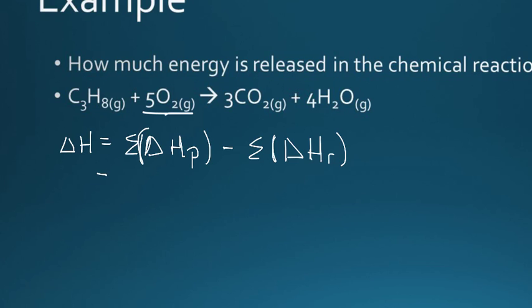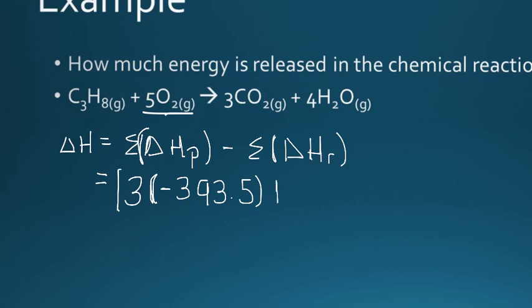So I pull out my table and I find all the numbers. So I have 3 CO2s, which means I need to multiply the heat of formation by 3. The heat of formation of CO2 is negative 393.5.